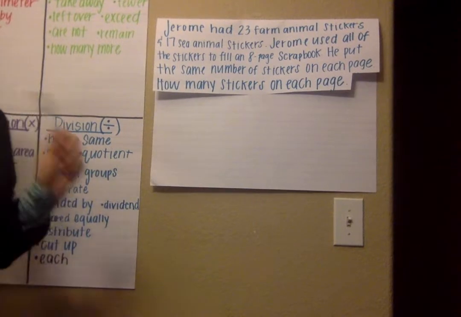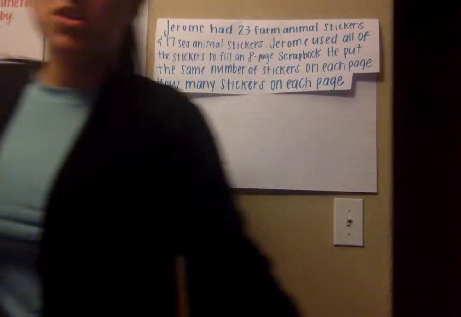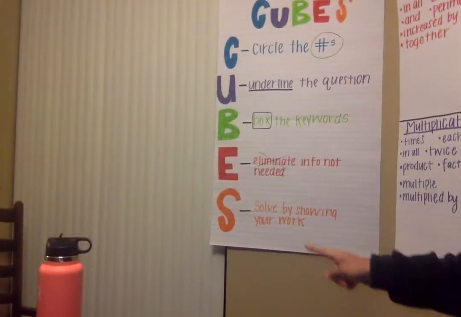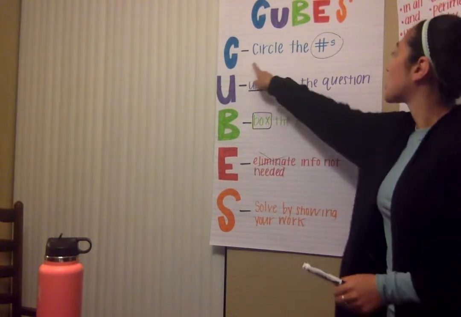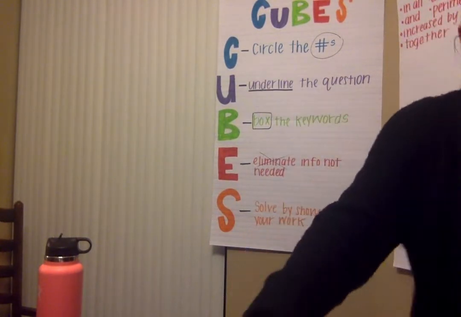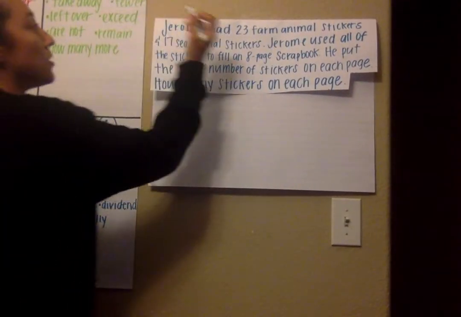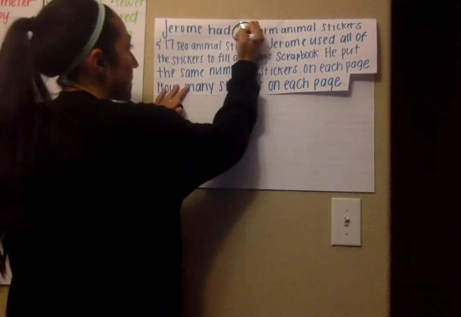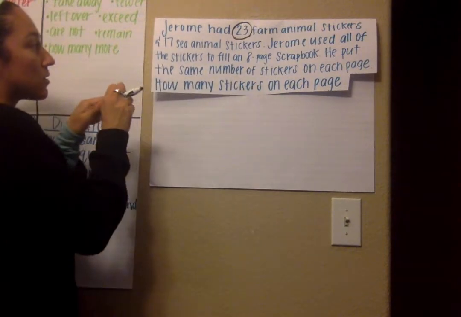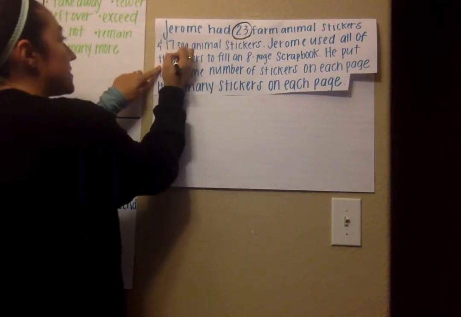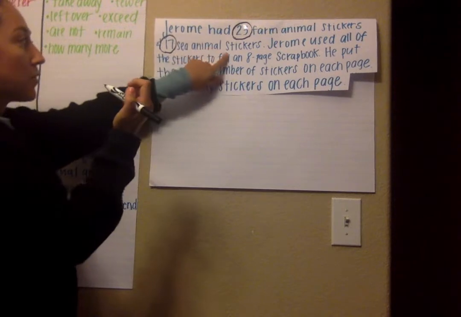So we now need to go back to CUBES. Our first step says to circle the numbers. That's what I'm going to go back and do in the word problem. Jerome had 23 farm animals, so 23 is going to be circled. And 17 sea animal stickers.